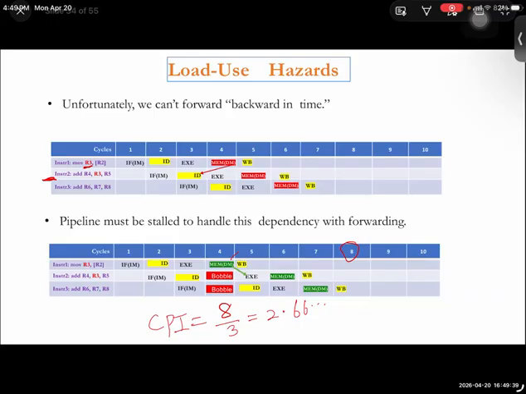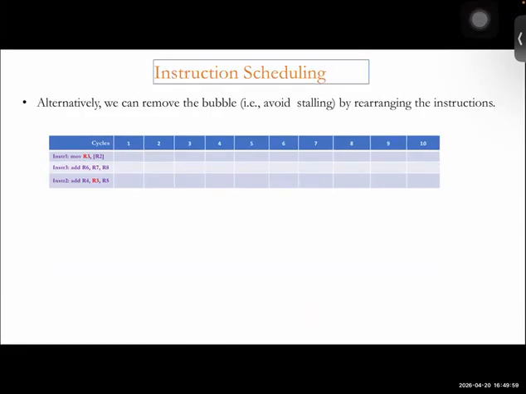So in this case, what will be the solution then? The solution for this kind of instructions is to rearrange the instructions. That we call instruction scheduling.